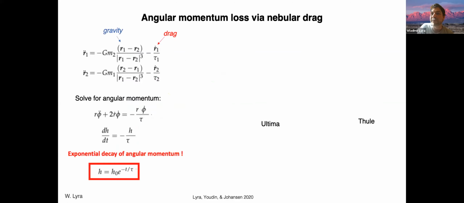So if you have drag, then you would have also angular momentum evolution, of course, due to that drag. So you have here the equation of motion. You can put gravity on one side and drag, and solve then for the evolution of angular momentum. And what you find is a very simple system. You find exponential decay of angular momentum, right?